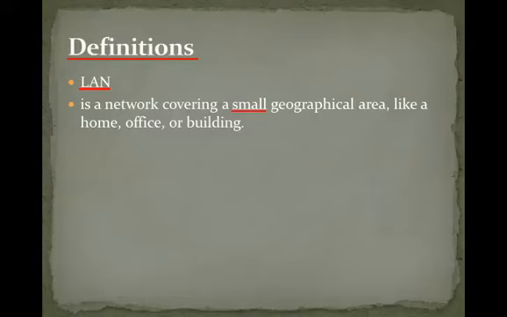Now, the smallness or the geographical area is like a home, an office, or a building. So any network with such kind of coverage, just a home, your home, or an office, just an office, or a building, a single building, can describe clearly to be a local area network.